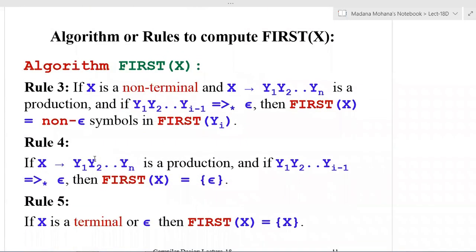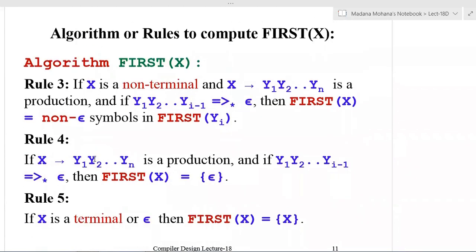Then coming to rule 3: this rule 3 and rule 4 are very important. If X is a non-terminal and X contains a production X derives Y1, Y2 and so on Yn, and if Y1, Y2 and so on Yi minus 1 derive null under asterisk, that is, in zero or more steps. Here you can see not all the symbols on the right hand side derive null, only some of them, let us say till i minus 1.